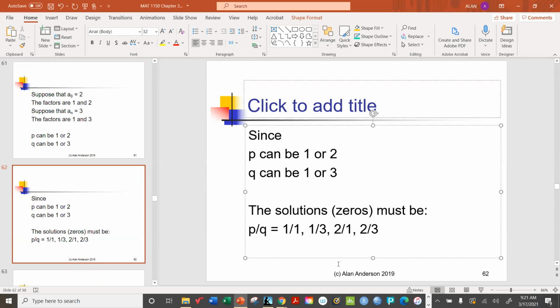All I did was take P equals 1 and divide it by Q equals 1 and Q equals 3 to get these two. And then I used P equals 2 in these two cases, 2 over 1 and 2 over 3. So the solutions are 1, 1/3, 2, and 2/3. And that's it, I'm done.